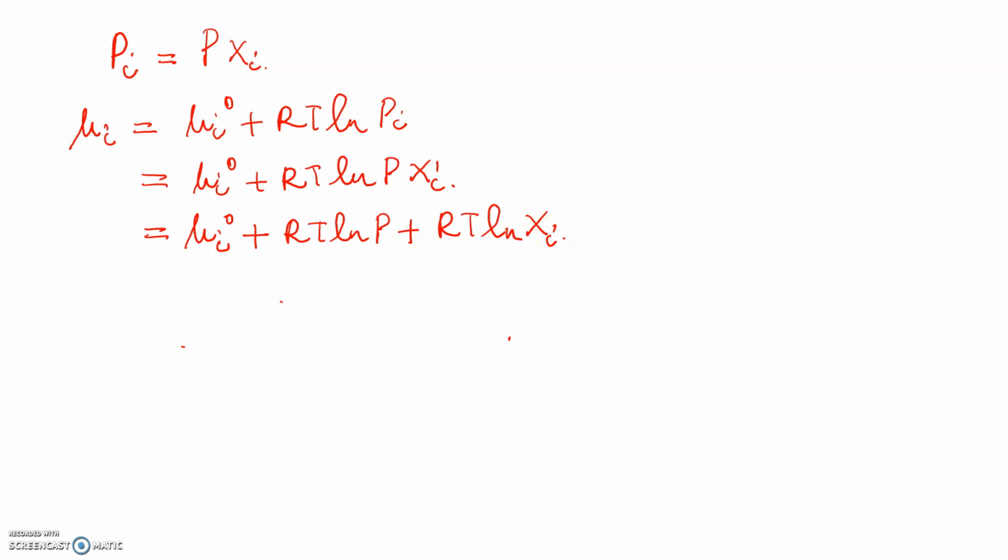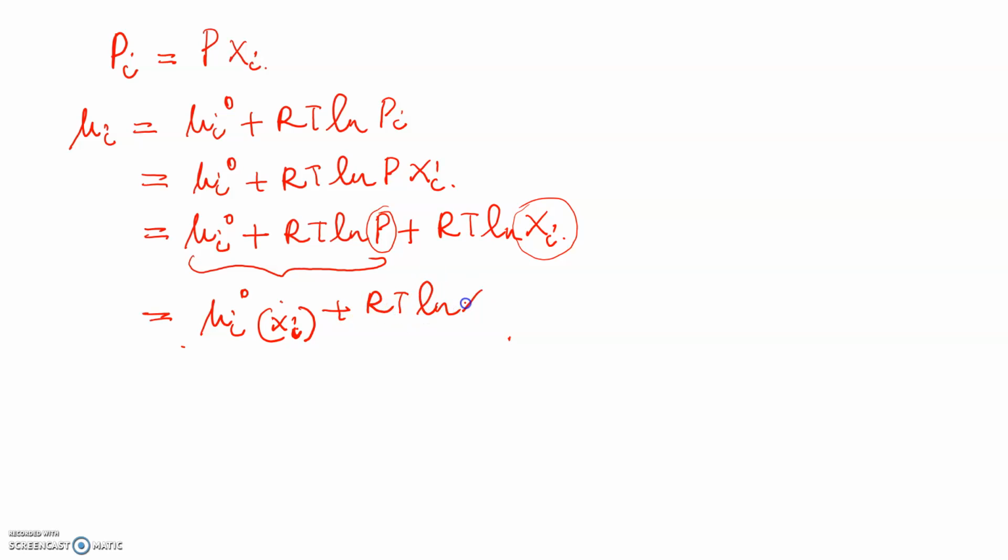So, in here, Xi mole fraction is the variable, but the total pressure remains constant. Hence, this term is another constant. Mu i 0 plus RT ln P is another constant, which can be represented as mu i 0 Xi. Let's put it as Xi for mole fraction. Mu i 0 Xi plus RT ln Xi.